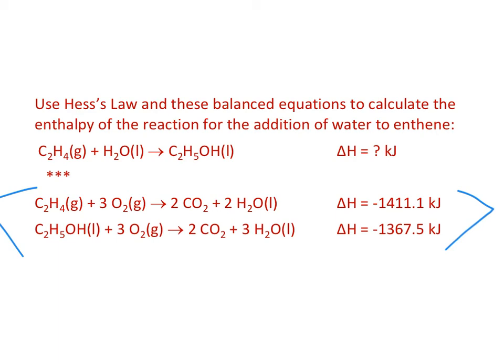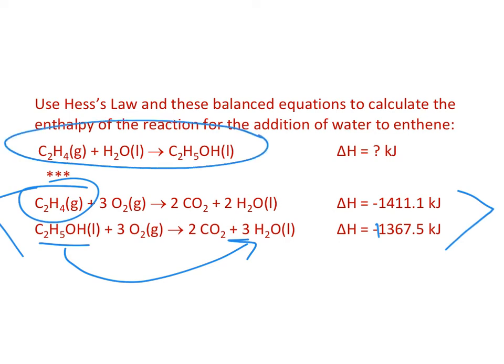Well, we see C2H4 on this side, but we see C2H5OH on this side as well, so we got to reverse it and put it on this side, so that would make this a positive, right? And then go through and cancel out everything that doesn't stay in the equation, and you're going to come up with this overall reaction.